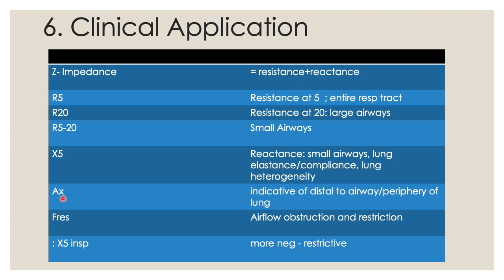The resonant frequency, where the minus and the plus balance each other, talks about airflow obstruction and restriction because it changes in both. And there is newer terminology being put forth like X5 inspiratory and X5 expiratory, which may in future help us distinguish between obstructive and restrictive components.